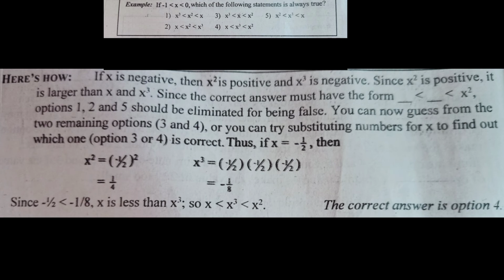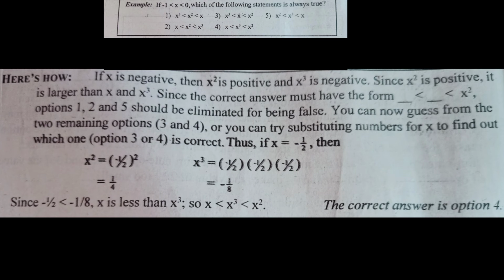Thus, if x is equal to negative 1/2, then x squared is equal to negative 1/2 squared, or equal to 1/4. X cubed will equal negative 1/2 times negative 1/2 times negative 1/2, and will equal negative 1/8.